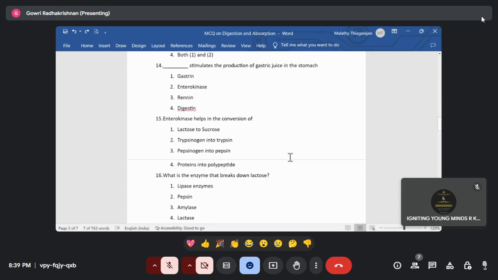Now 14th. Which stimulates the production of gastric juice in the stomach.